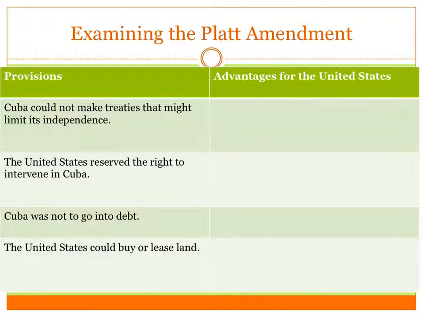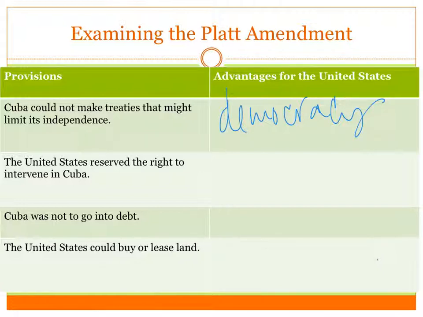So the first one, Cuba could not make treaties that might limit its independence. If you're thinking of the causes of imperialism, you would think of that spreading of democracy. They want to keep democracy. Now, a democratic nation 90 miles away is much better for the United States.